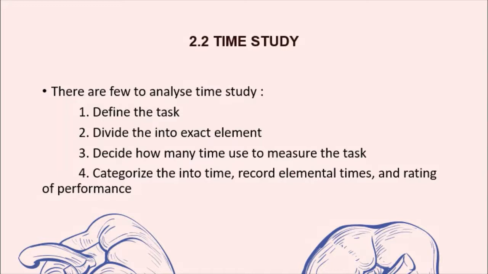Second, we have to divide the task into exact elements, and then we have to decide how many times to use to measure the task, and then we have to categorize the time, and we have to record elemental time and rating of performance.